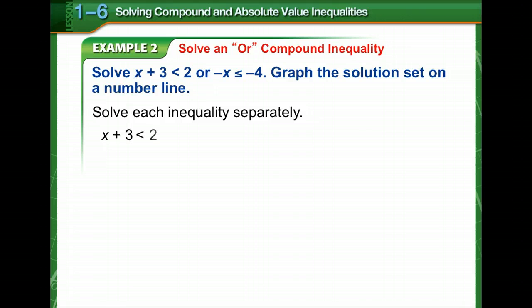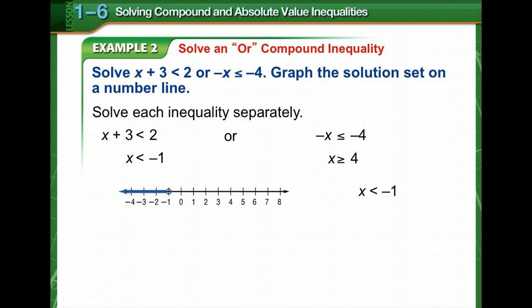So we're going to solve each inequality separately. So x plus 3 is less than 2, or negative x is greater than or equal to negative 4. Here we're going to subtract 3 from both sides and we're going to divide both sides by -1. So x is less than -1, or x is less than or equal to 4. So here's our -1, and it's an open circle.